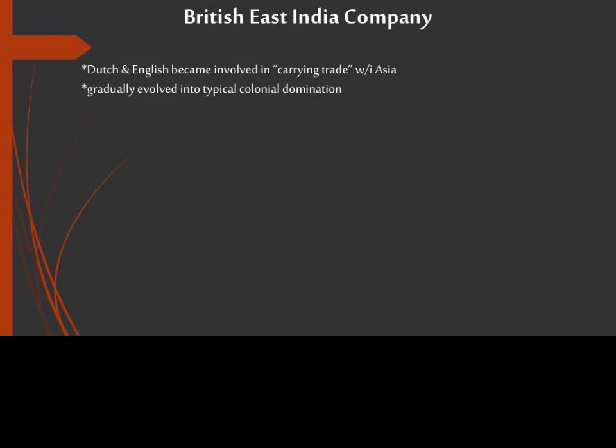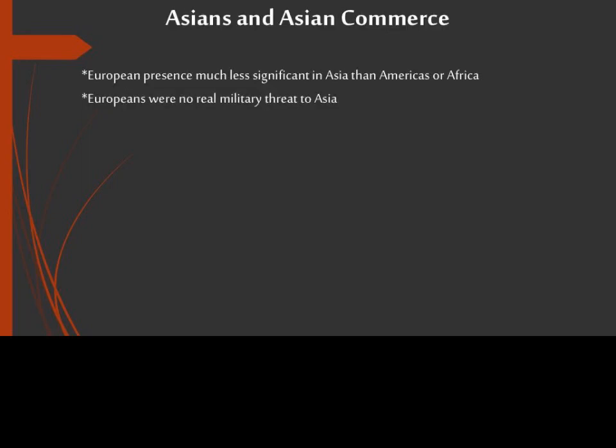So they began to ship bulk items like pepper, textiles, tea, coffee, for a mass market. And later, these trading posts would become essentially formal colonial possessions.